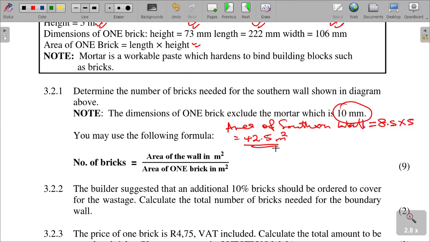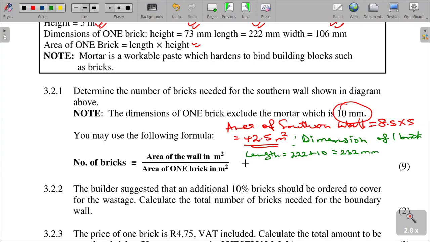Dimension of one brick: the length of the brick is given there, 222 plus 10, that is the length, which is going to give us 232 millimeters.